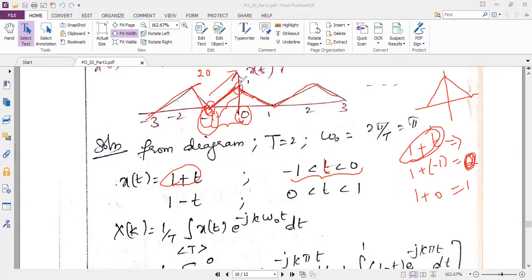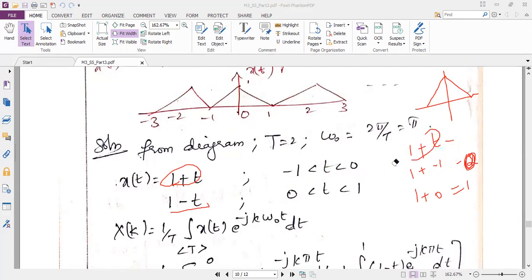Because of that, the rising ramp is 1 plus t, and from the diagram the range of t is minus 1 to 0. Similarly, the falling ramp is 1 minus t for t between 0 and 1. So successfully, we have written the expression of x of t from the given diagram.